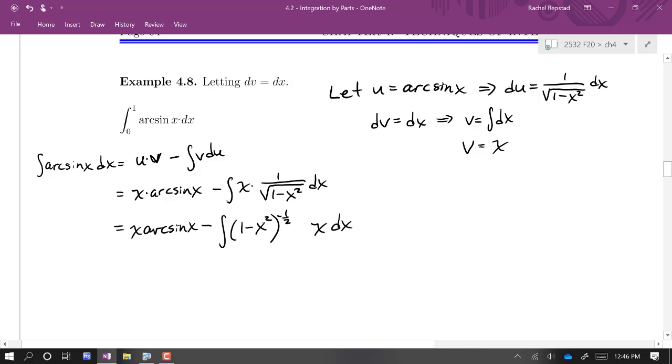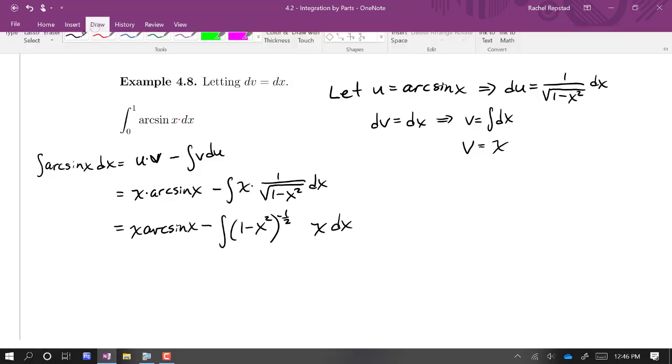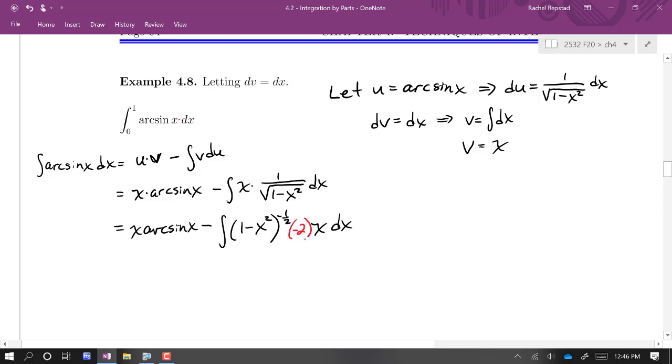In order for its derivative to be showing up in there, I need a factor of -2. I'm going to compensate by putting a factor of -1/2 outside. So we have x arc sine x minus, oh no, I guess that'll be a plus now, 1/2 times, and if I use the power rule, I'm going to have 1 minus x squared to the positive 1/2 times 2 plus a constant.